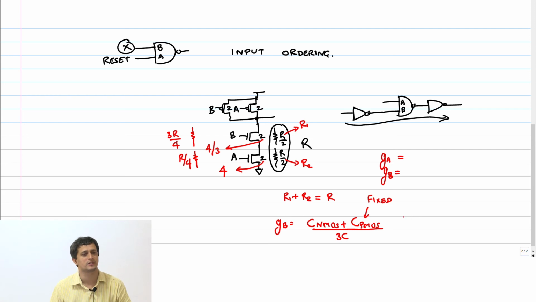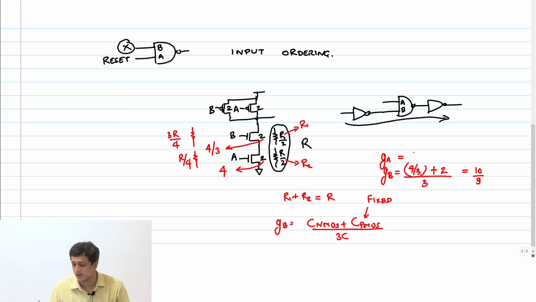What's the NMOS capacitance? 4 by 3, plus 2 divided by 3. Correct? So what do you get here? 10 by 9.